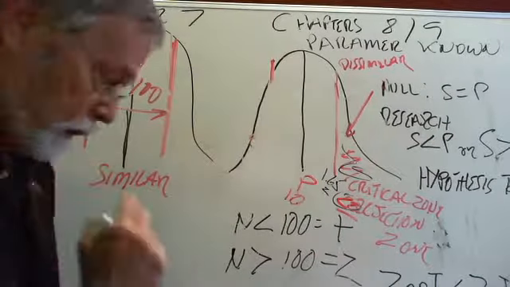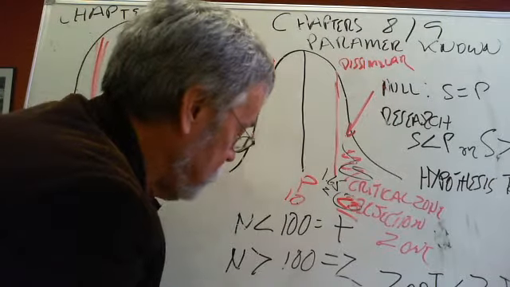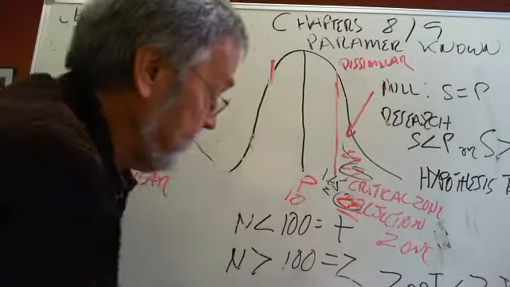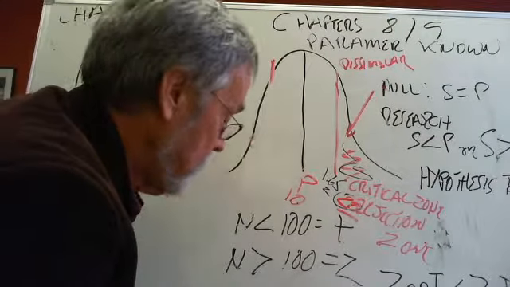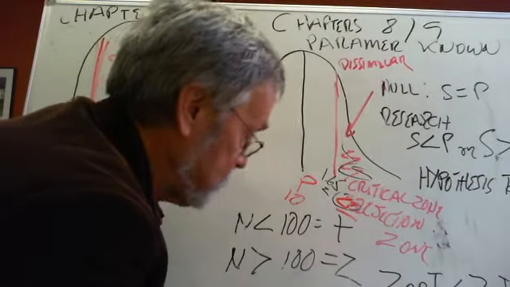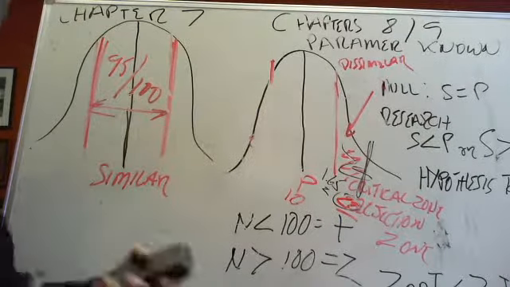And this would be your rejection zone. So that your z critical is 1.65. If you get a z observed in this case that is greater than 1.65, say it lands out here, you can reject the null.